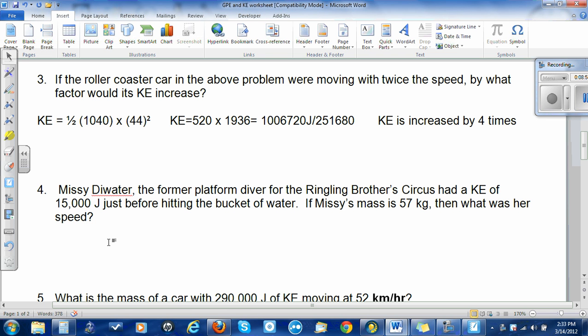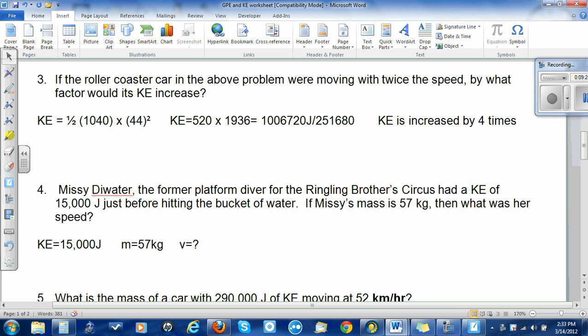Okay. This one: a former platform diver for Ringling Brothers had a KE of 15,000 joules. Her mass equals 57 kilograms. Then her speed equals what?